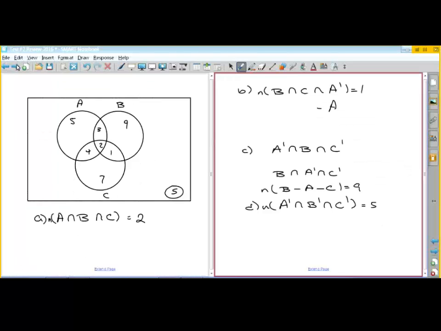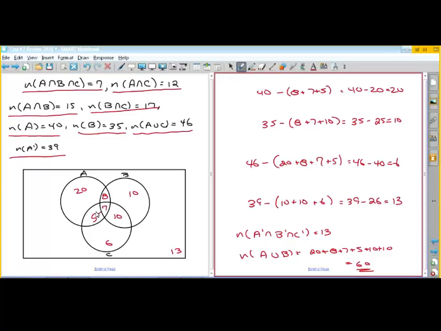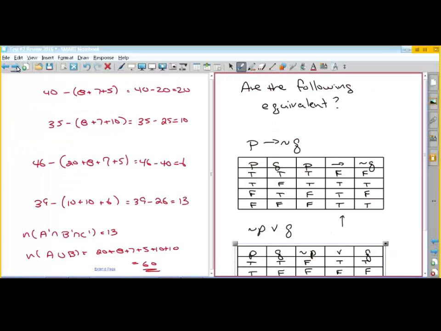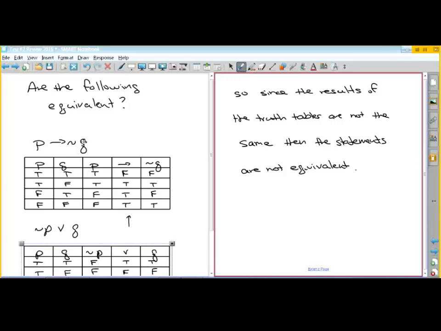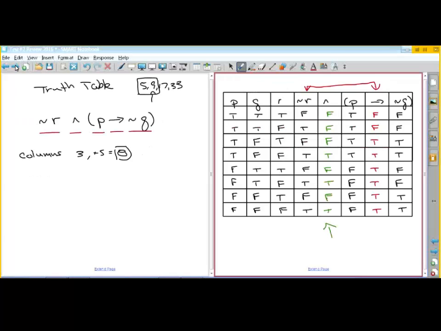Just look at the number. And given this information, generate the chart. Prove or disprove that two statements are equivalent by looking at the final truth values. Be able to do truth tables.